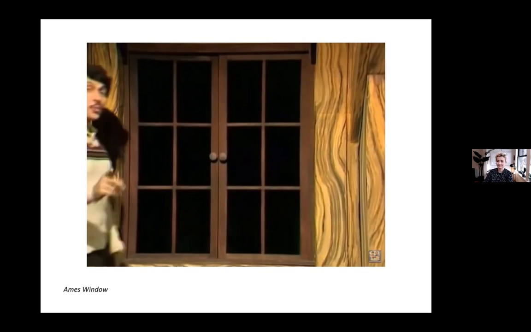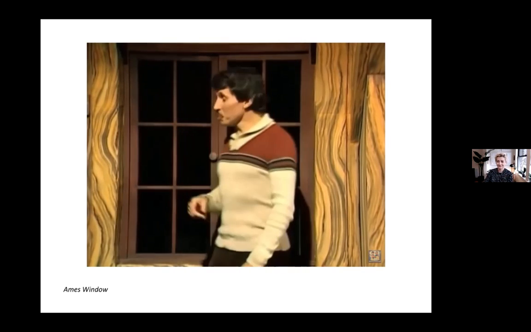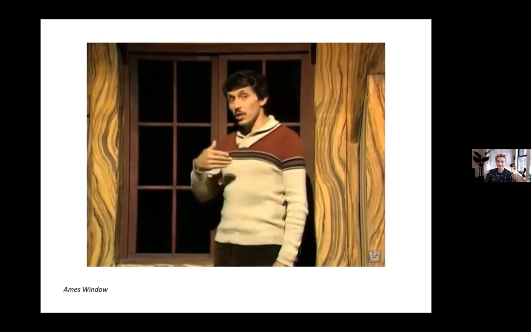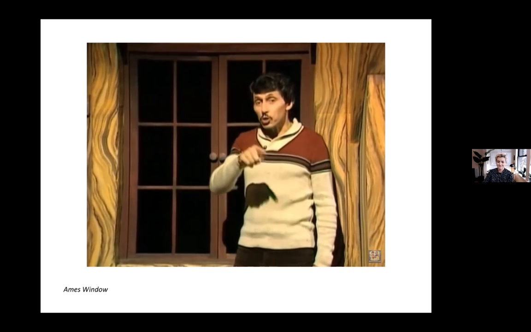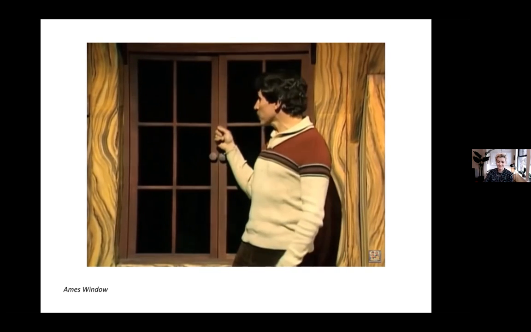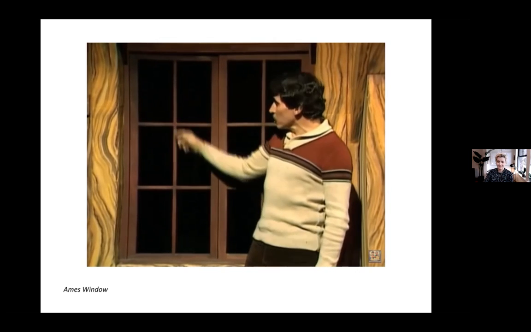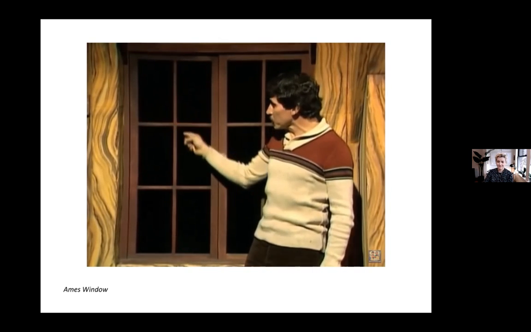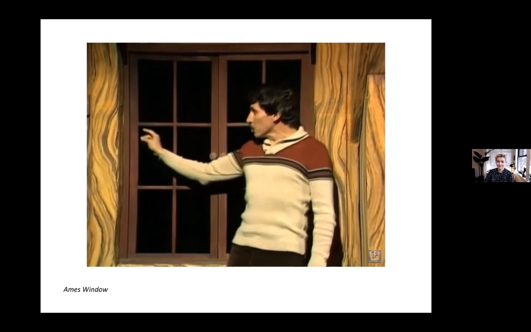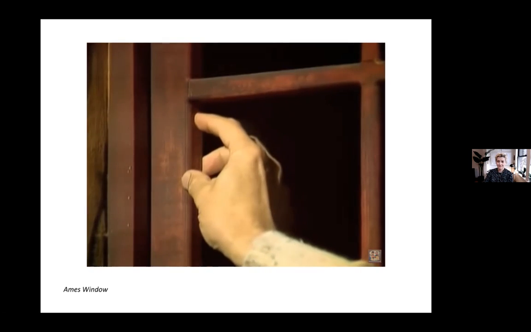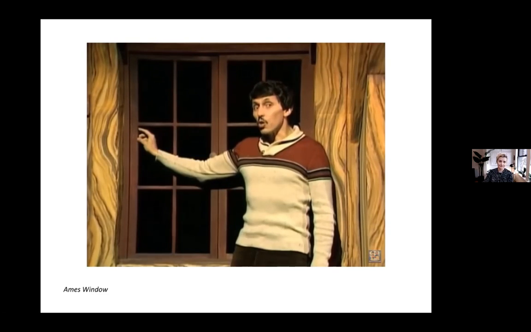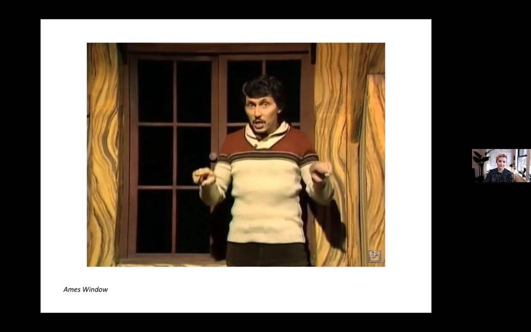Your brain was forced to make a choice in that illusion between seeing a rectangular window going backwards and forwards or a trapezoid rotating, and you chose the rectangular window. You knew that whenever you look at a rectangular window that has cross pieces, you can see not only the fronts of those cross pieces, but also the sides. You may even see shadows underneath some of the cross pieces. But you've seen so many of these windows that you know all the time they'll be rectangular.